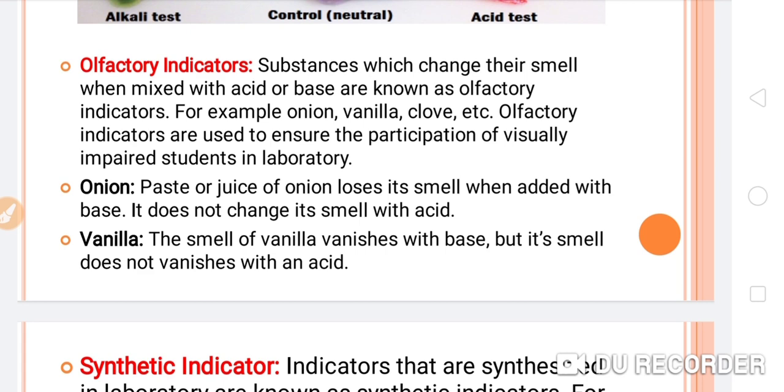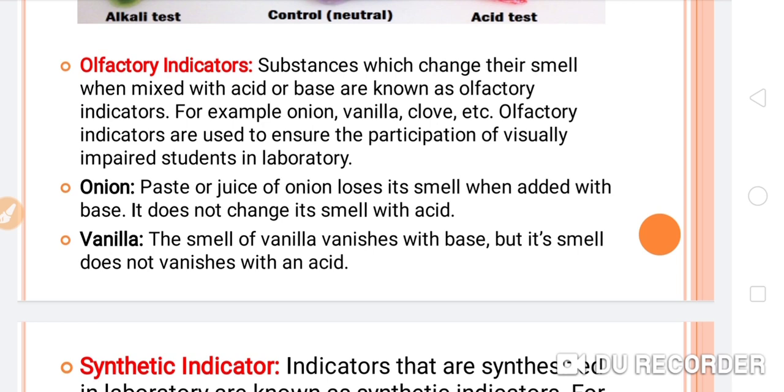A specific smell exists in onion juice, but it will lose its smell inside the base.